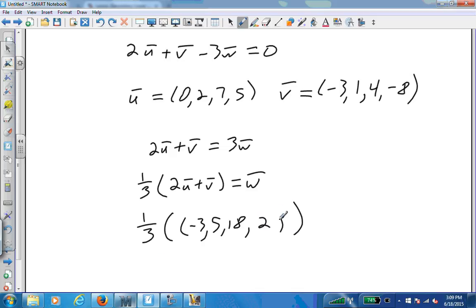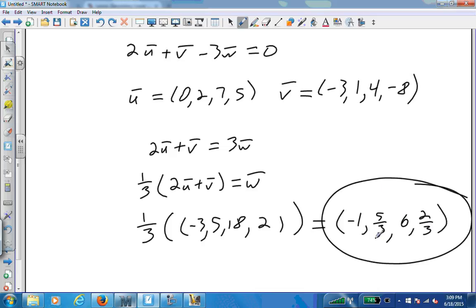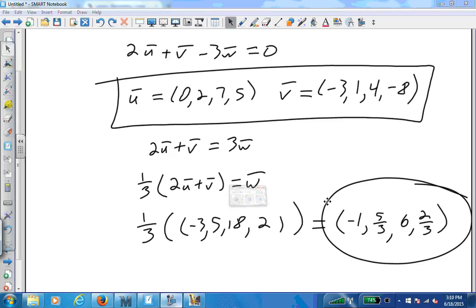So that's 2U plus V. 1/3 of that would be negative 1, 5/3, 6, 2/3. So this would be W, which is a linear combination of U and V.